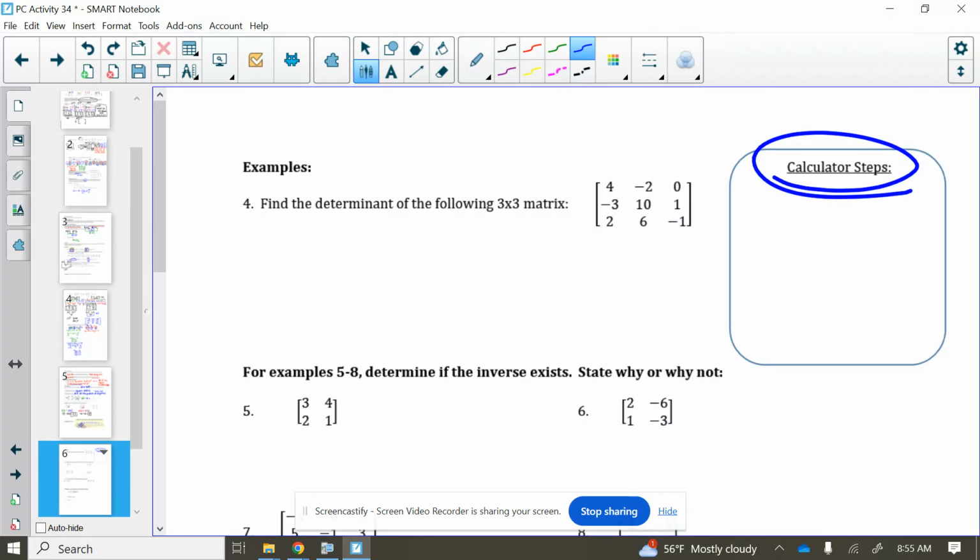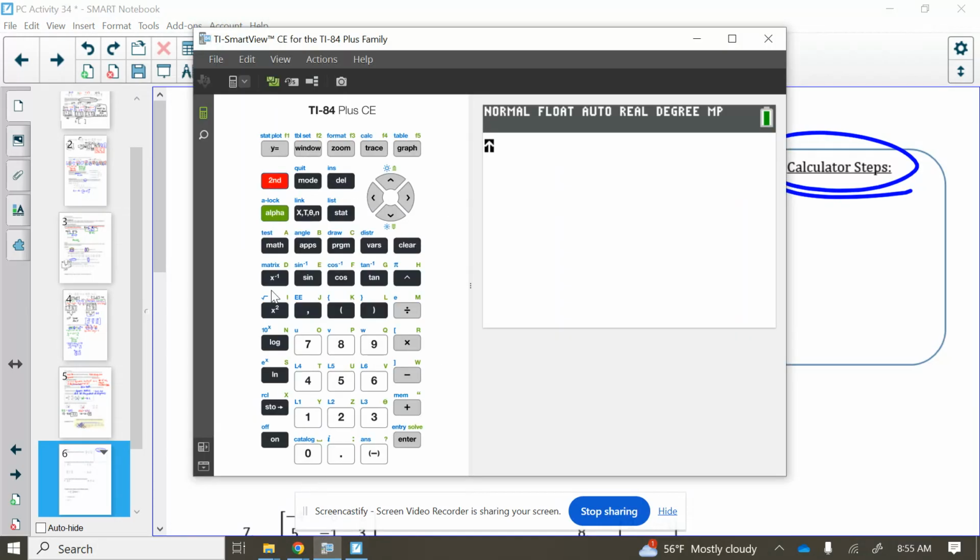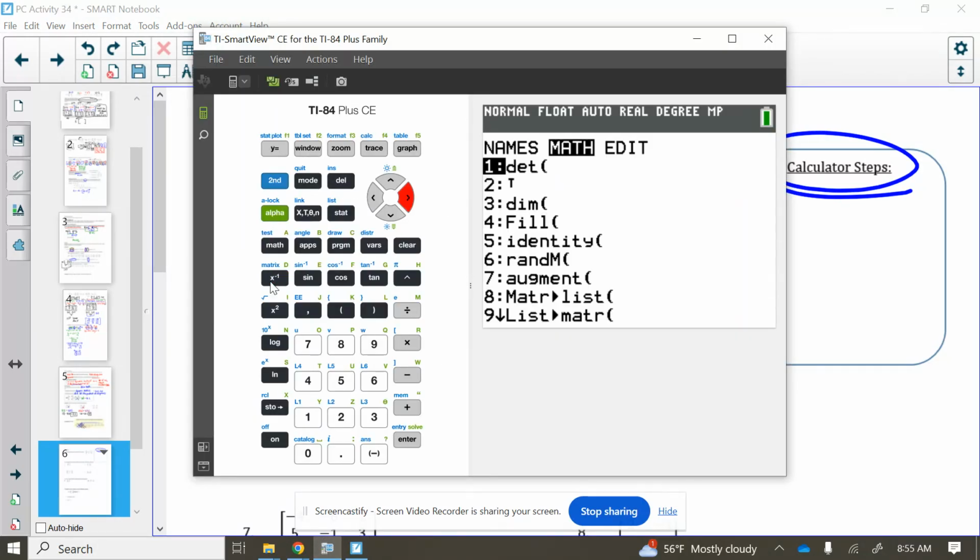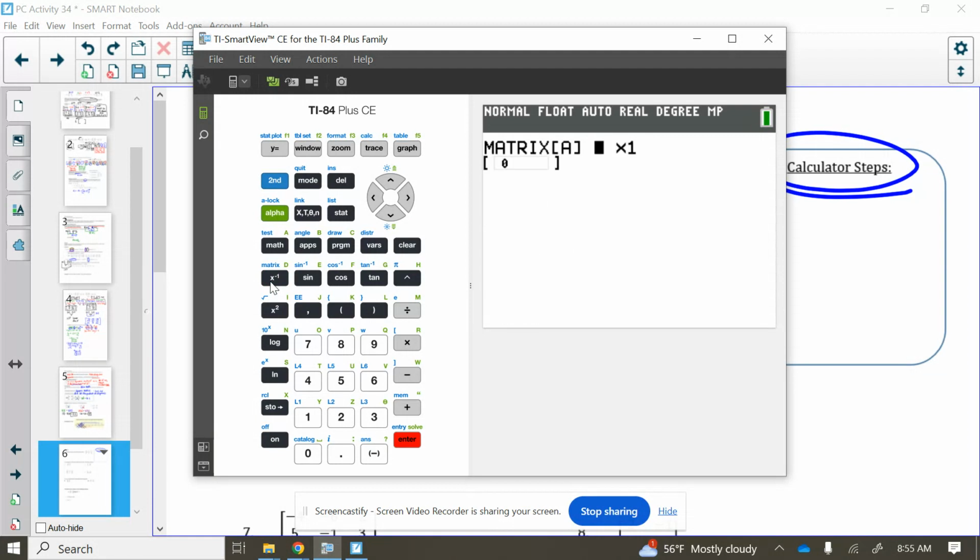In order to do that, step 1 is you have to type your matrix in. So for this first one, I'm going to go second matrix, edit, and I'm just going to call this one matrix A. It is a 3 by 3. And I'm going to type in my entries: 4, negative 2, 0. And then my second row is negative 3, 10, 1.